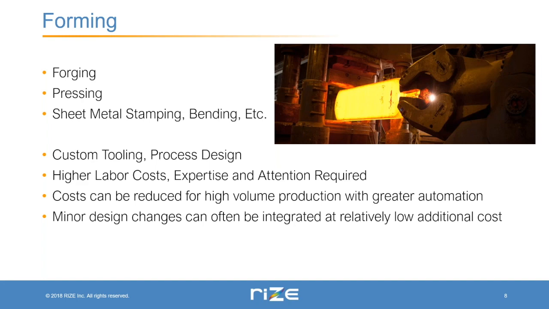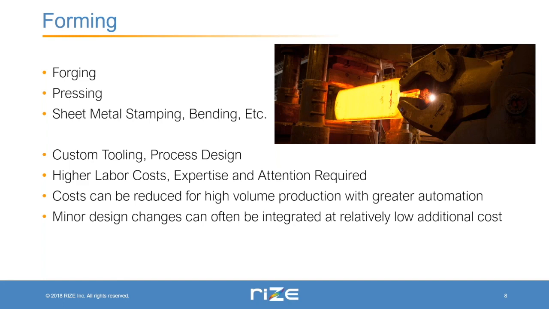Now, oftentimes producing a small number of parts using forming will require direct attention on the part at all times as it's being produced. But in some cases, costs of these parts can be reduced for high volume production by automating the process with robots or certain stages that can be applied using automated machinery.